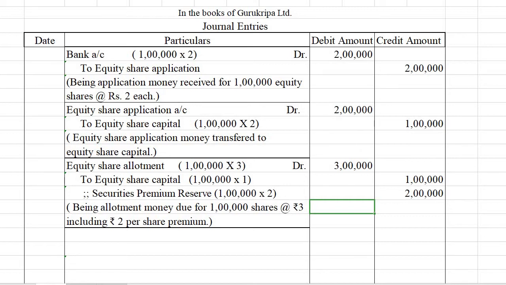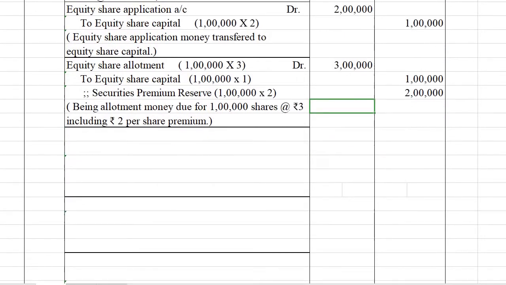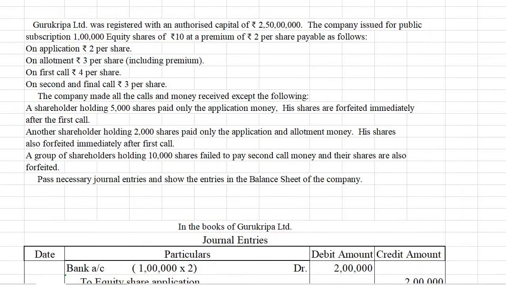Now let us write the receipt entry for share allotment, that is bank account debit to equity share allotment. Here we know that the shareholder holding 5,000 shares paid only the application money, meaning he did not pay the allotment money.